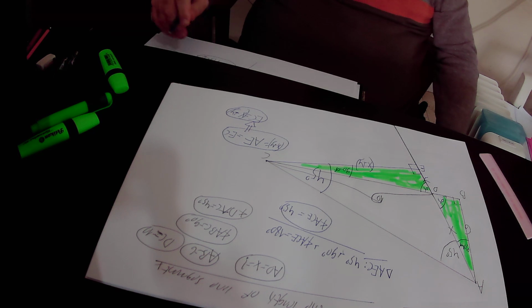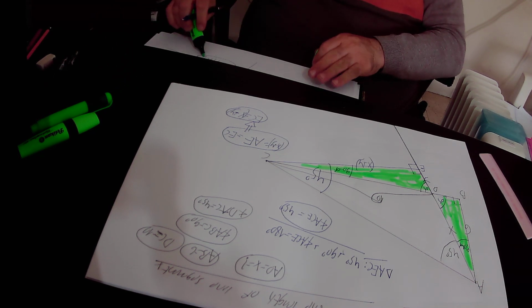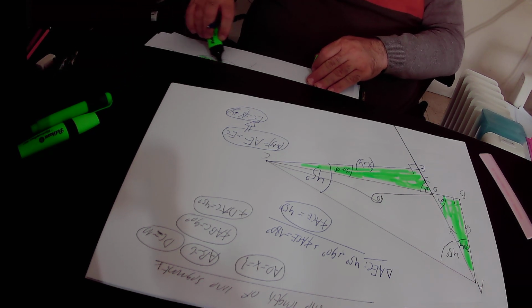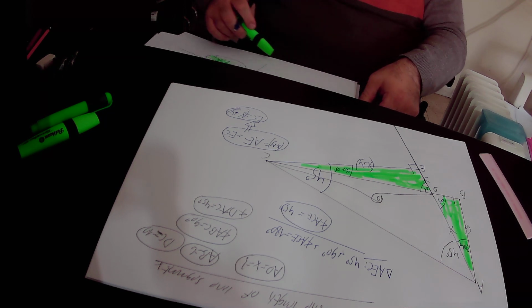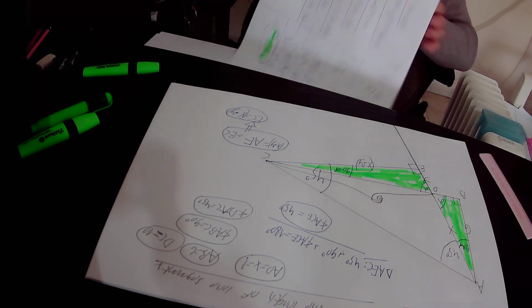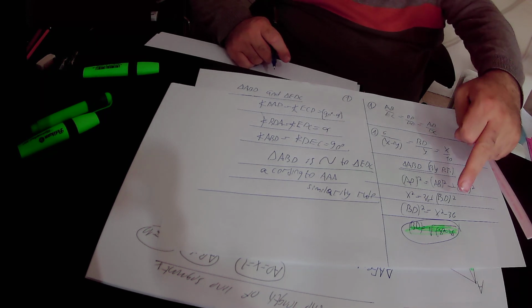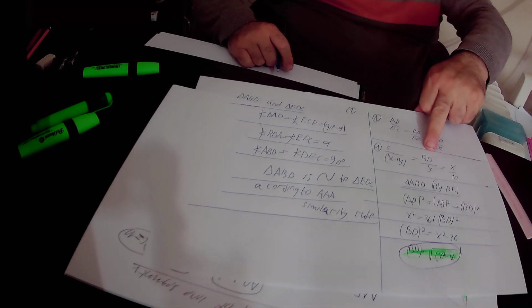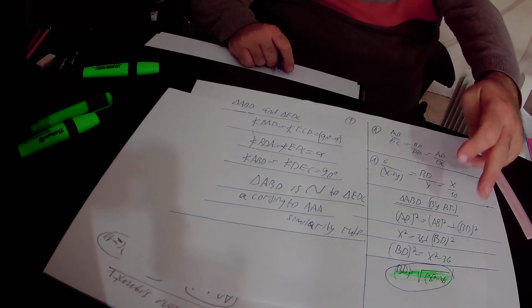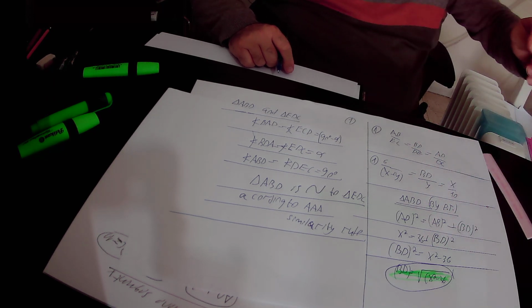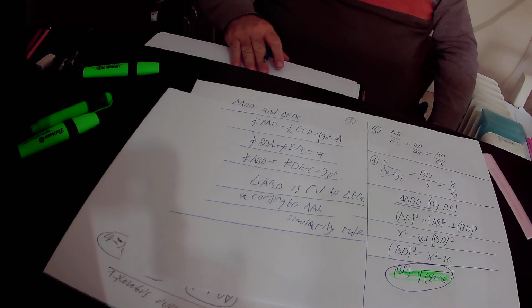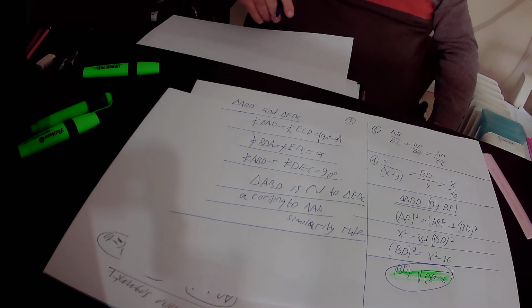Okay, we found that BD equals the square root of x squared minus 36. Now we can substitute BD in equation number 1 by the square root of x squared minus 36.